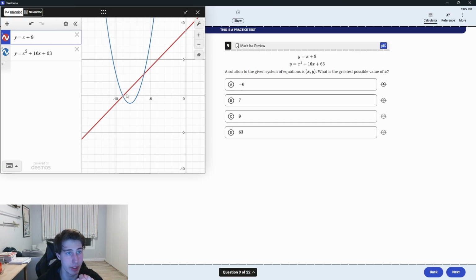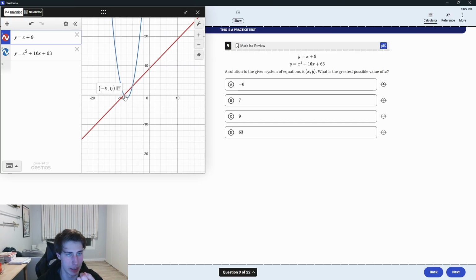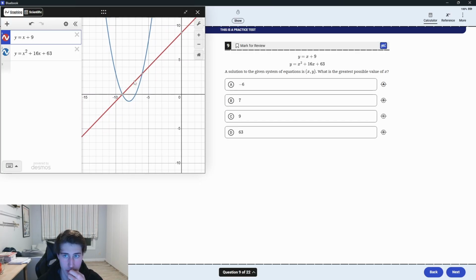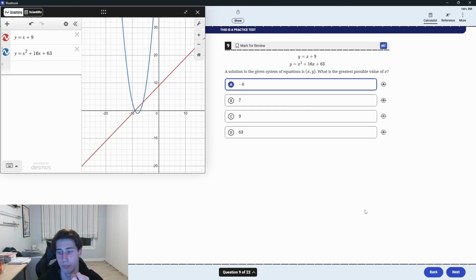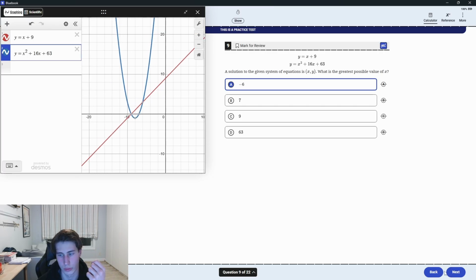So both of these work as solutions to this system. But we're looking for the greatest possible value of x. So in this case, we are choosing between -9 and -6, and -6 is greater than -9. So -6 is our answer choice, because it's the greatest possible x value that is a solution to the given equations.